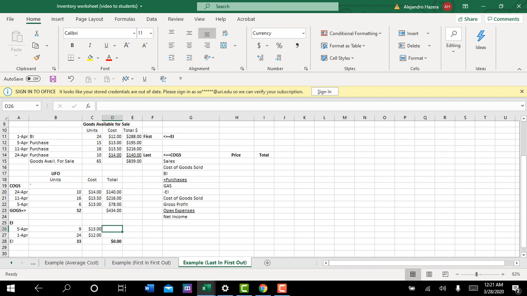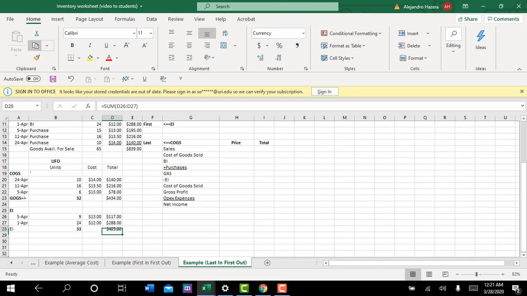Okay, so we've got cost of goods sold under last in, first out of $434, and we've got ending inventory of $405. Notice that 434 plus 405 adds up to 839 goods available for sale. That's how you know you're correct.